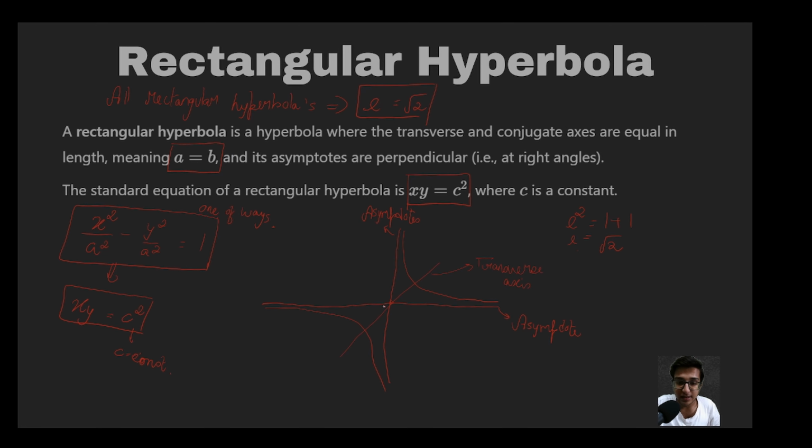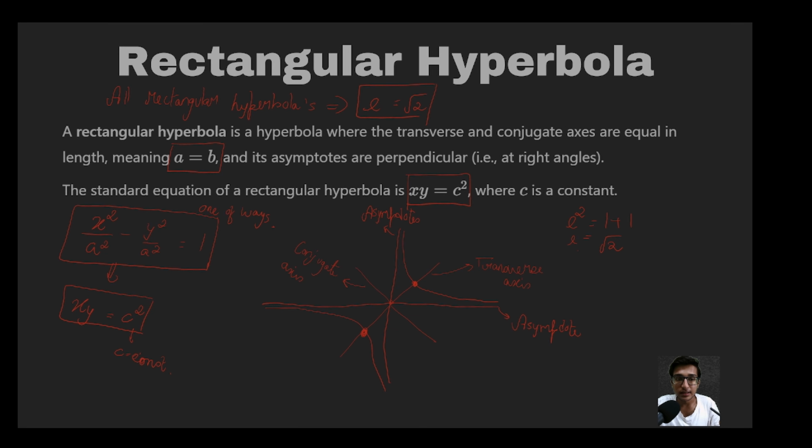Till now for hyperbolas you have studied that the length of the transverse axis is 2a and the length of the conjugate axis is 2b. Of course, since a is equal to b, the lengths of the conjugate and transverse axes would be the same. However, now the entire length would become a different value.